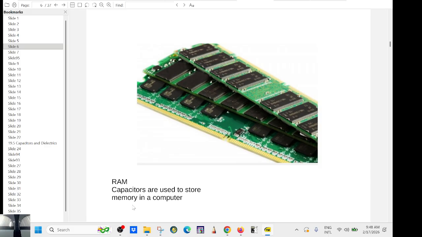Any PCB will have those capacitors. You see these little cylinders? You have big ones, which means they have high capacity, so they can hold more charges for the same voltage, and you have small ones, and even smaller ones. Any of those things here will have capacitors.